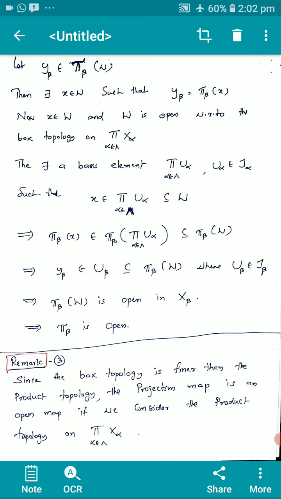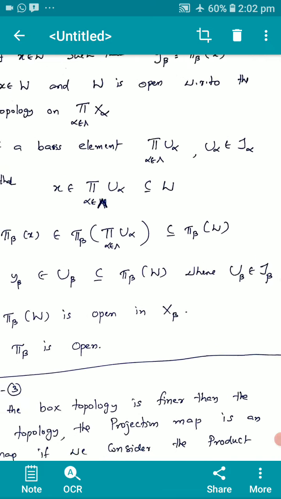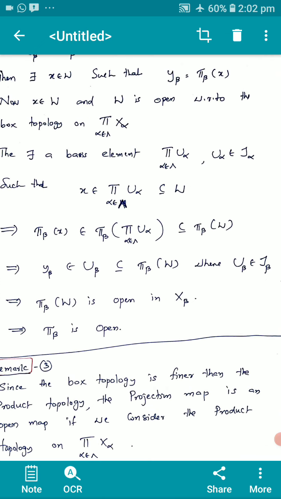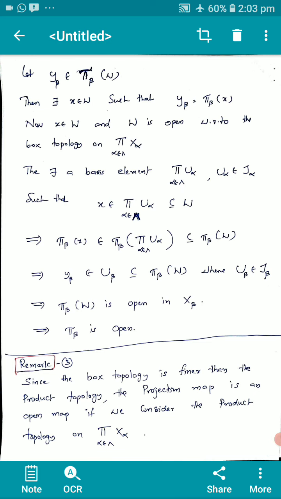Now x is in W and W is open with respect to the box topology on product X_alpha. Then there exists a basis element product U_alpha, where U_alpha is open, U_alpha in tau_alpha, such that x is an element of product U_alpha which is a subset of or equal to W. What does it mean?